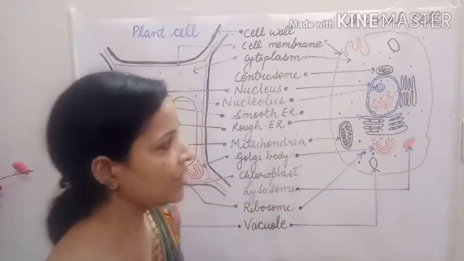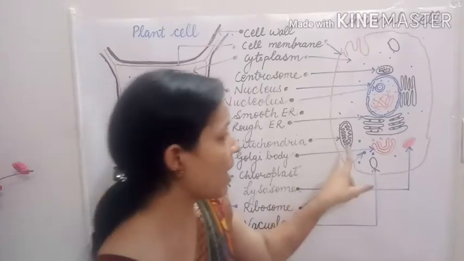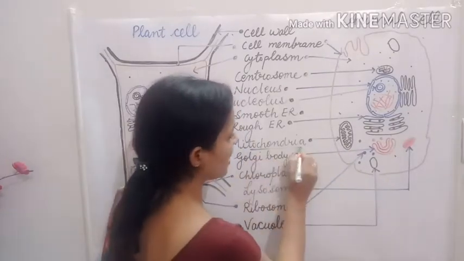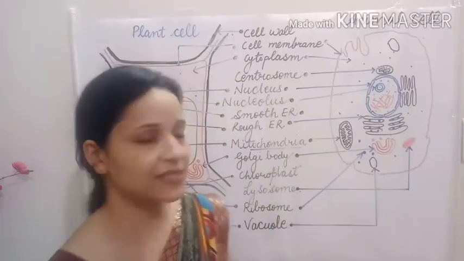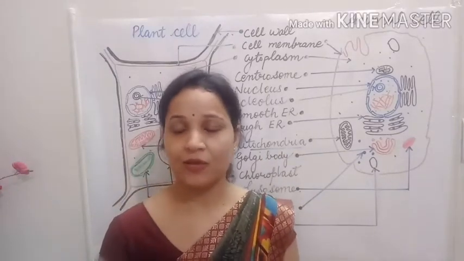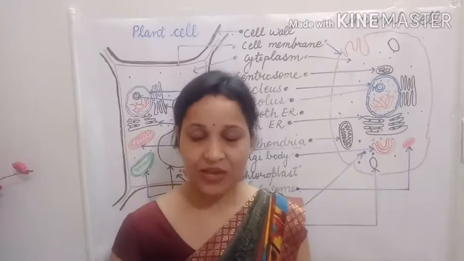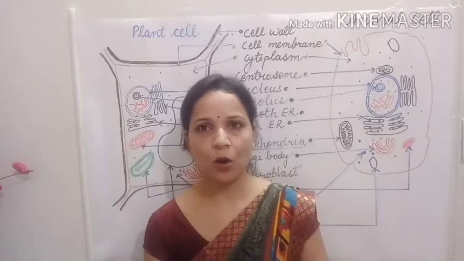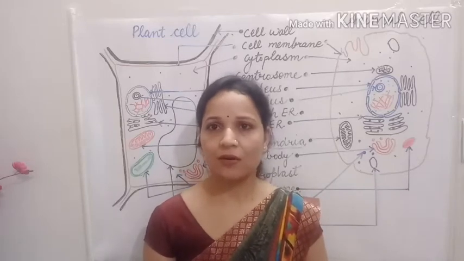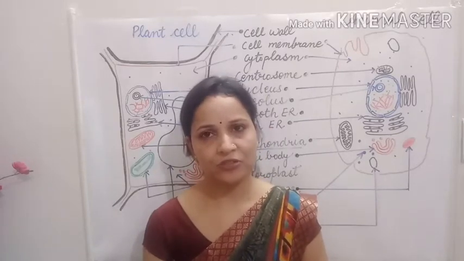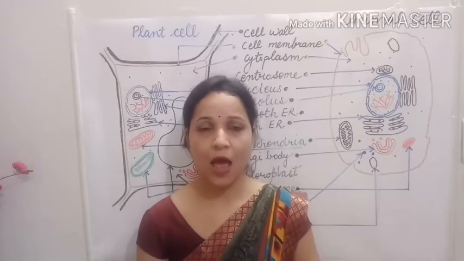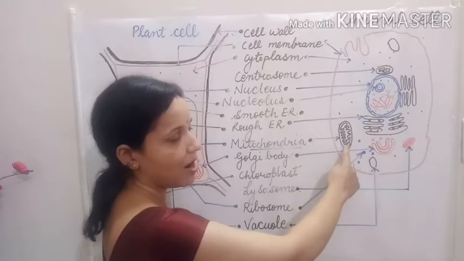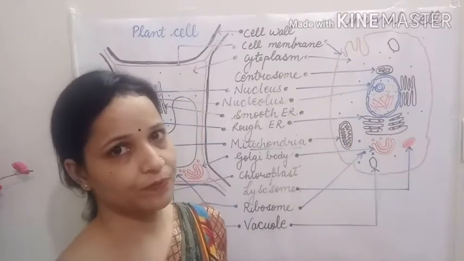Mitochondria is known as the powerhouse of the cell. But why? The answer is, as you all know, during the process of respiration, food is broken down into water, carbon dioxide, and energy is released. And this energy is stored in mitochondria in the form of ATP.